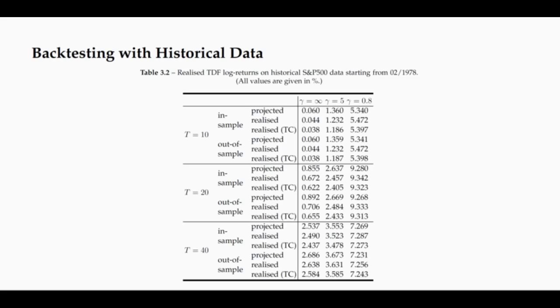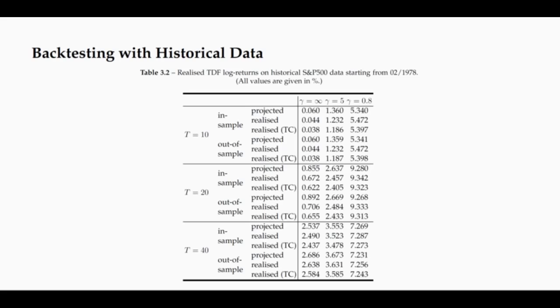So TC here stands for transaction costs. By adding 0.5% of transaction costs, the return is slightly affected, but they still roughly agree with the projected values and realized values without transaction costs.